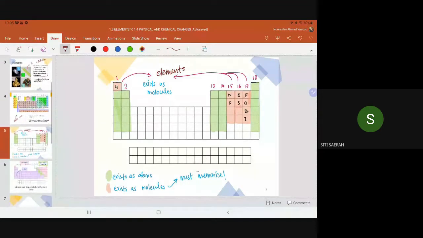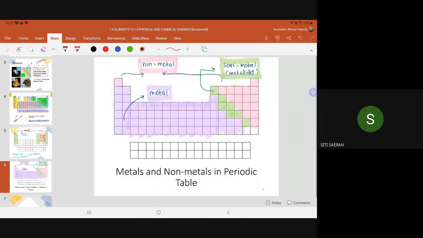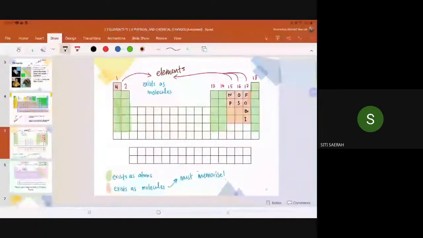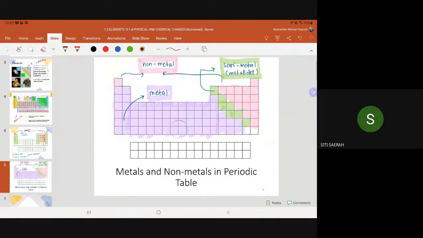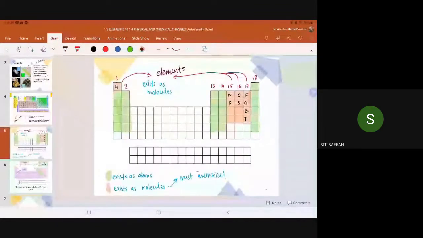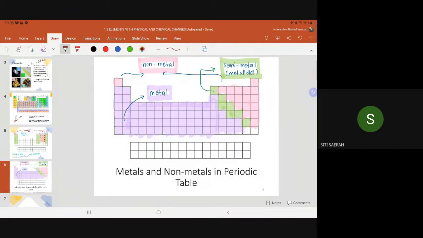Okay. And then in the periodic table, this is just an additional feature, we can also separate the properties. We will look at this in more depth in chapter 5. So we can categorize the elements in the periodic table as metal, non-metal or semi-metal. Again, group 1 except hydrogen, we see all are metals. The purple ones are all metals. Non-metals are pink, which is hydrogen, carbon, nitrogen, oxygen, fluorine, neon.